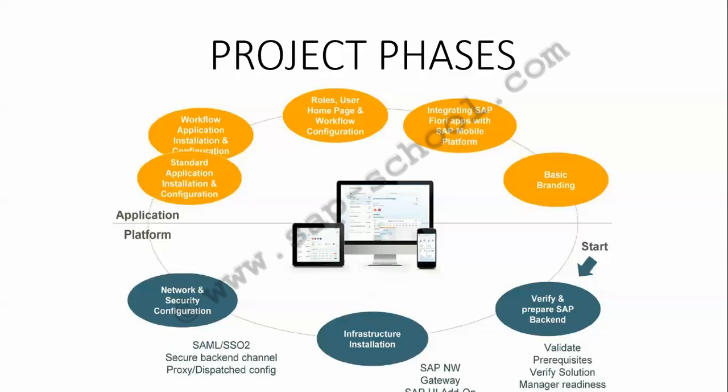So all these things come under the platform side phases which need to be conducted before we start. So these are the three steps which we need to do on the platform side: verify and prepare the backend, then infrastructure installation, and then the network and security configuration.